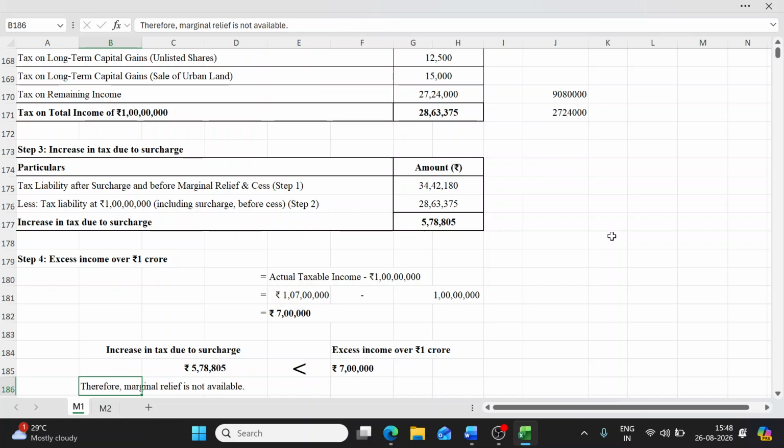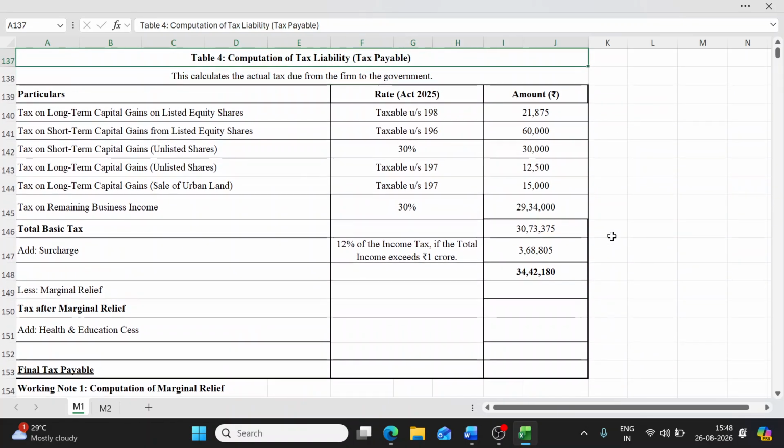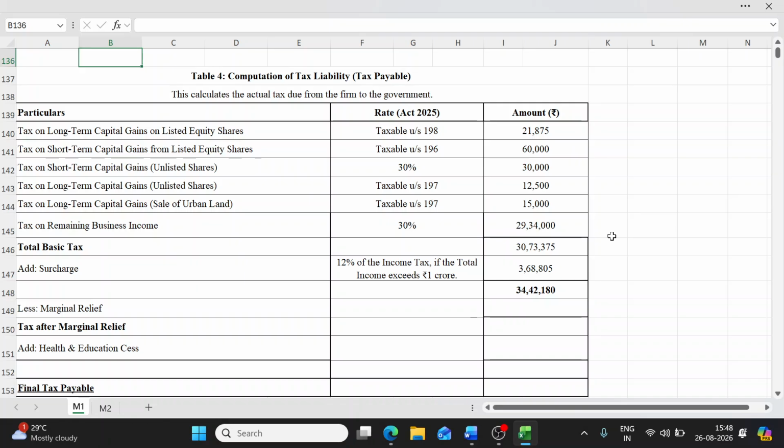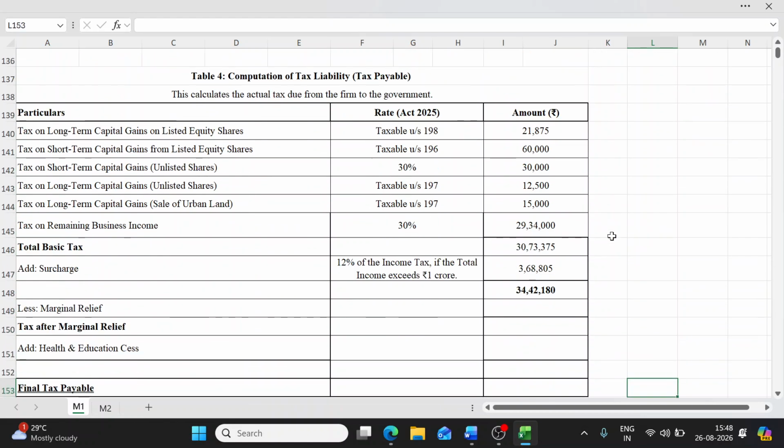And in the exam, you are not actually expected to do all these calculations, provided you are 100% sure that there is no need to provide marginal relief. You can have this confidence if you know that the excess income over 1 crore, which in this problem is 7 lakhs, is more than the amount of surcharge.